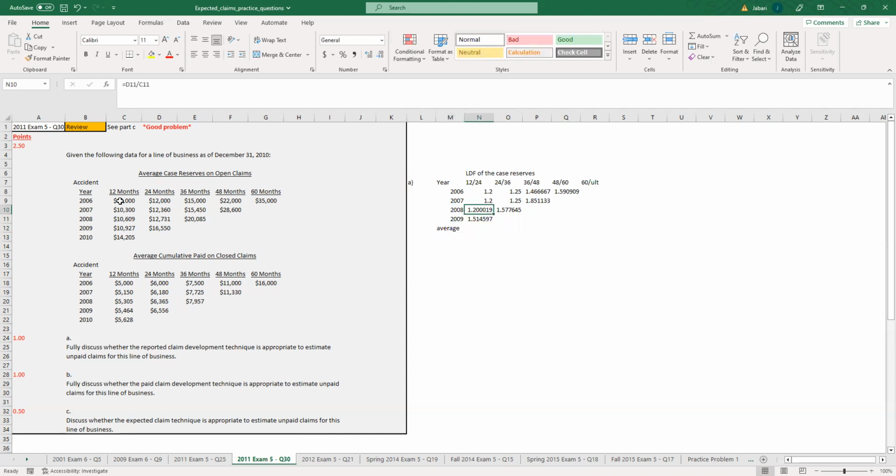So looking here, it looks like everything is good up until this last point. It's consistent with all of these. So I'm assuming that there must be a case reserve change. Notice that it goes from like 1.2, 1.25 each of these years, and it jumps up significantly. So using these points, this can be a sign.